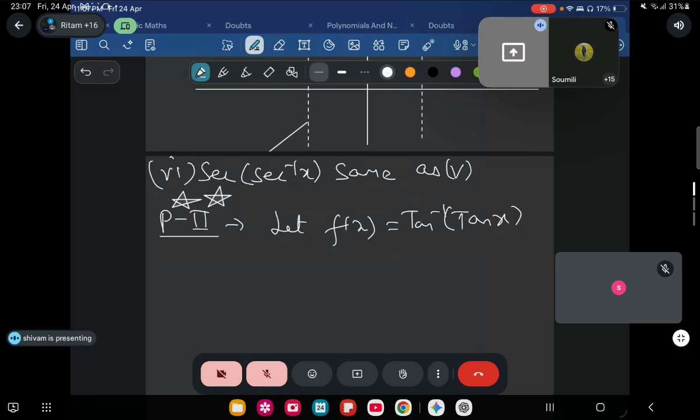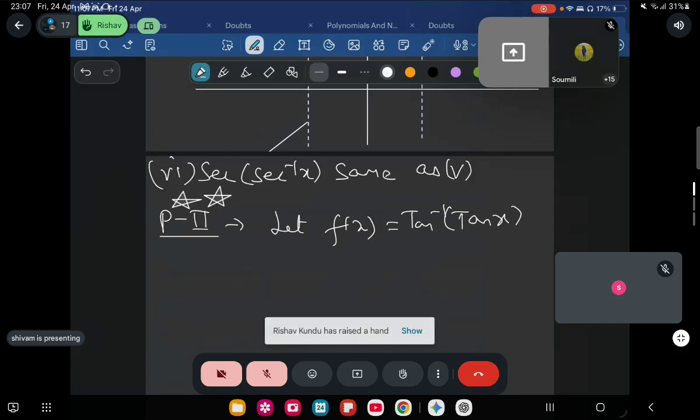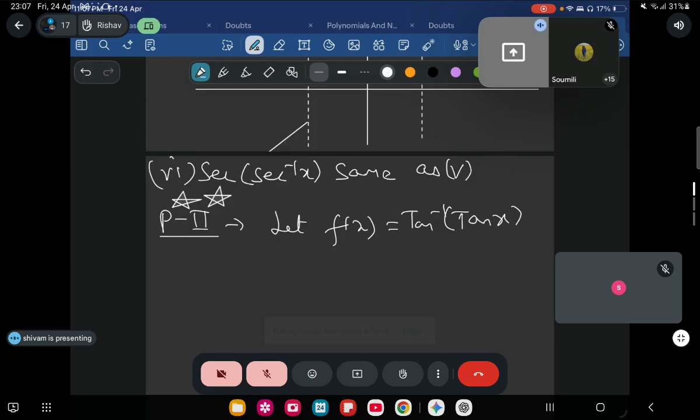Tan inverse tan of x. What do you think? Is the function periodic? Raise your hand. Tell me. Yes, Rishabh, tell me. Sir, it is periodic. It is periodic. Okay.